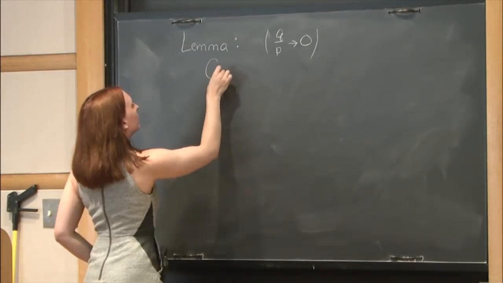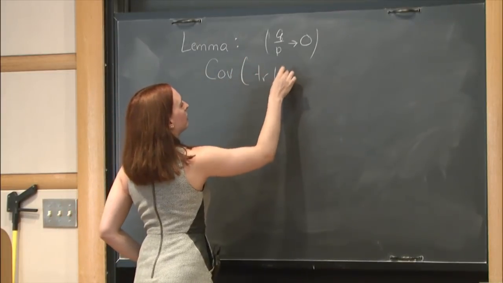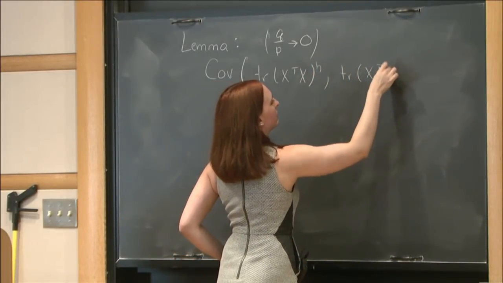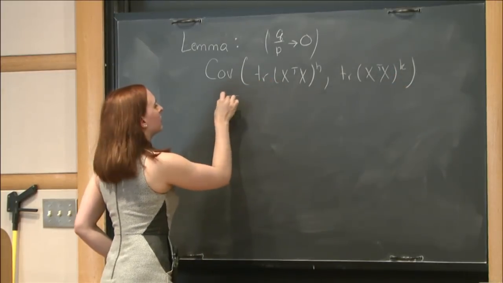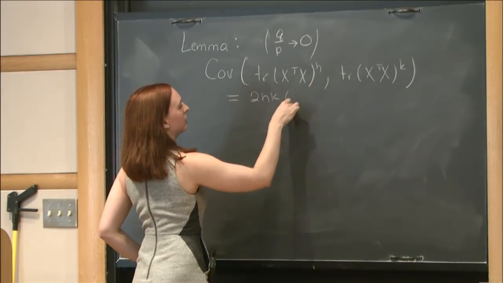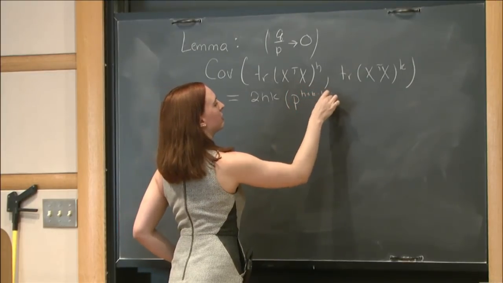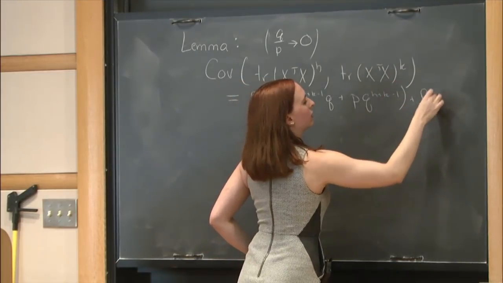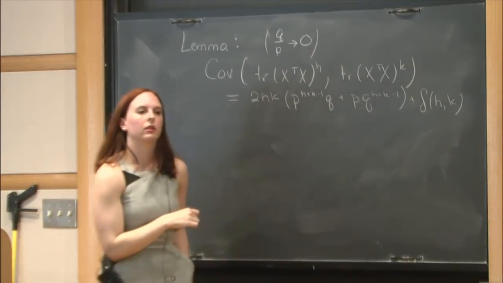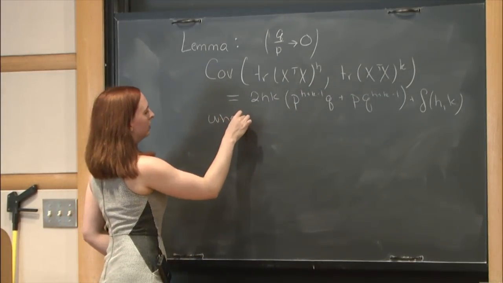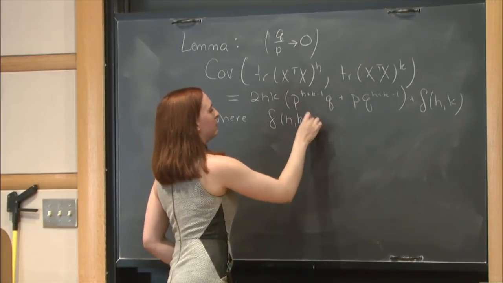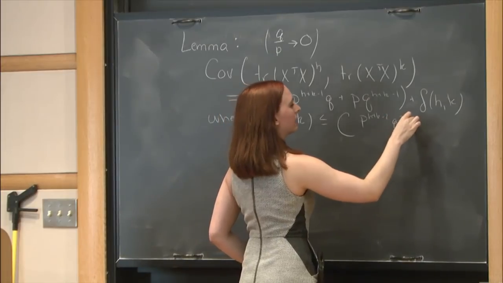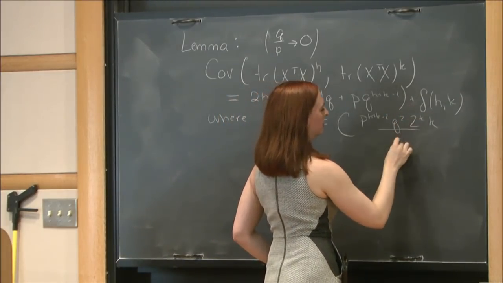And then the covariance of the trace of X transpose X to the h, and the trace of X transpose X to the k, is equal to 2hk p^(h+k-1) q + pq^(h+k-1) plus an error term delta_hk, where this error term is bounded by a constant times p^(h+k-2) q^2 times 2^k over root h.